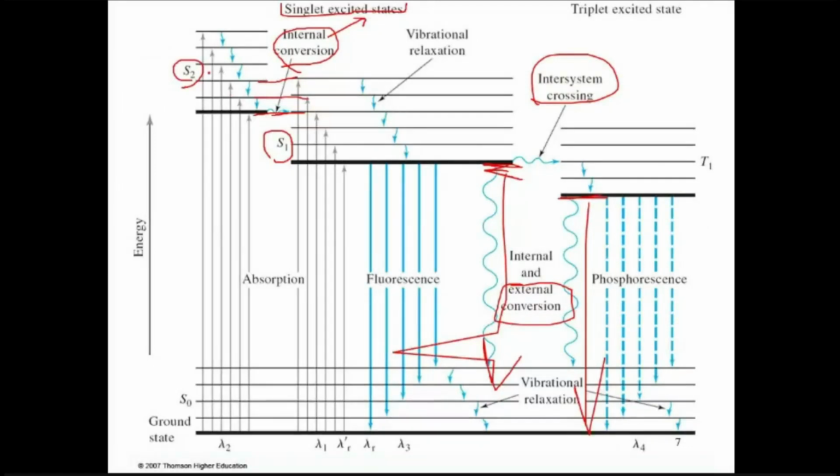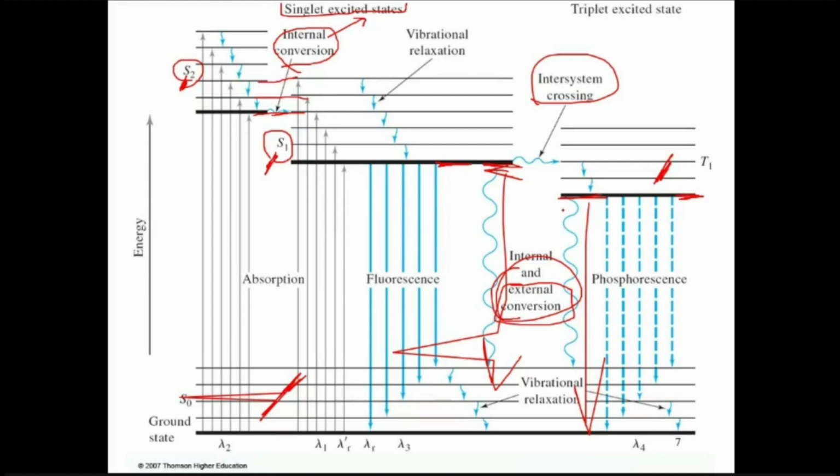When it is internal conversion, a molecule in S2 will remain in S2, a molecule in S1 will remain in S1, a molecule in T1 will remain in T1, and a molecule in S0 will remain in S0. When it is external conversion, it can occur only when the molecules are at the lowest energy level of S1 or the lowest energy level of T1.